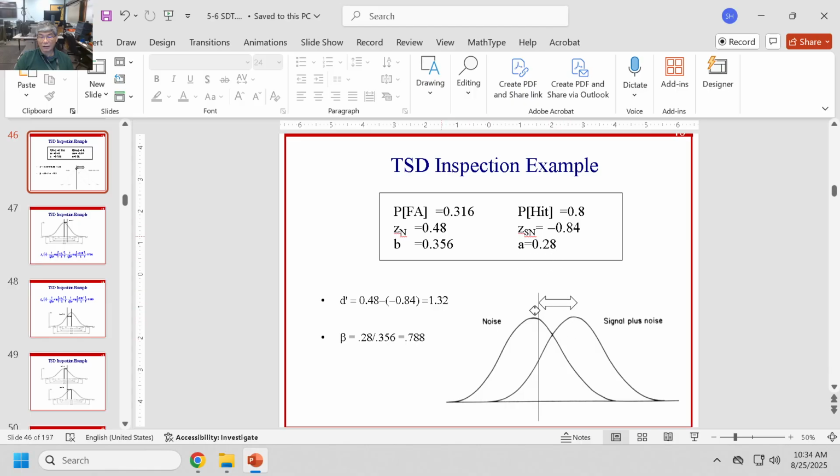And then the ZN is 0.48 on the other side. So the two amounts are 0.84 and negative 0.84. And remember, if I'm using this minus, really what we're saying is 0.48 plus 0.84 is the total distance.